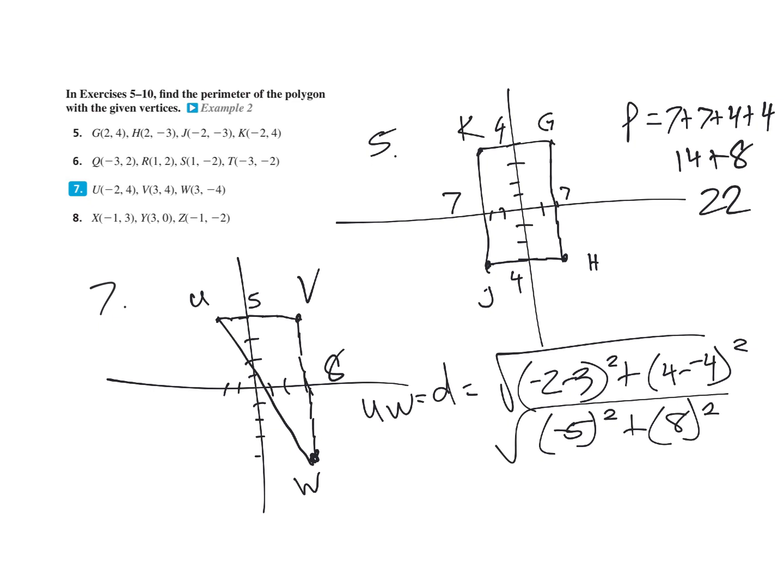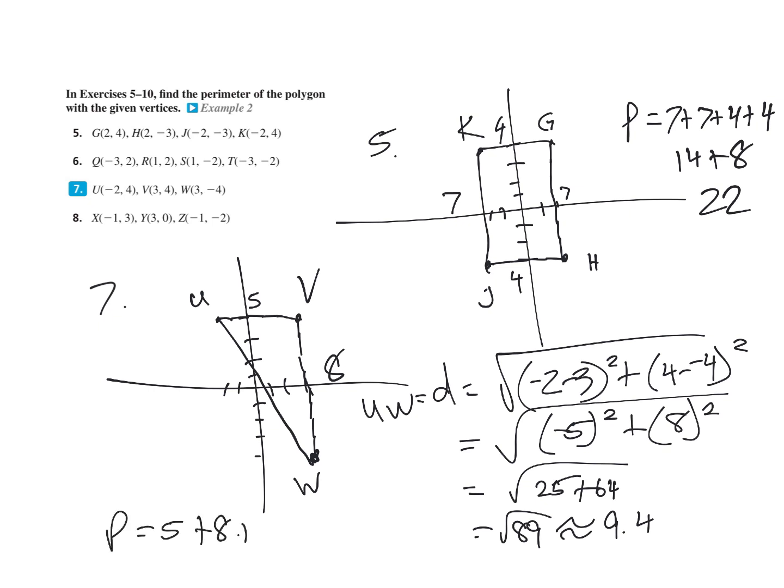And at this point, everything becomes positive. 25 and 64 is 89. All right? So we use our handy-dandy calculator, and that's approximately 9.4. So the perimeter is 5 plus 8 plus 9.4. 22.4. All right, next slide.